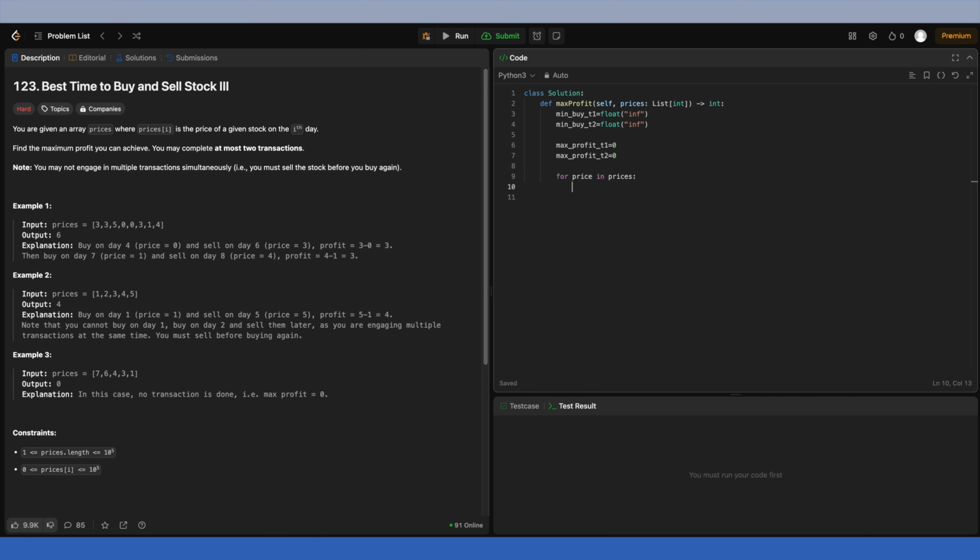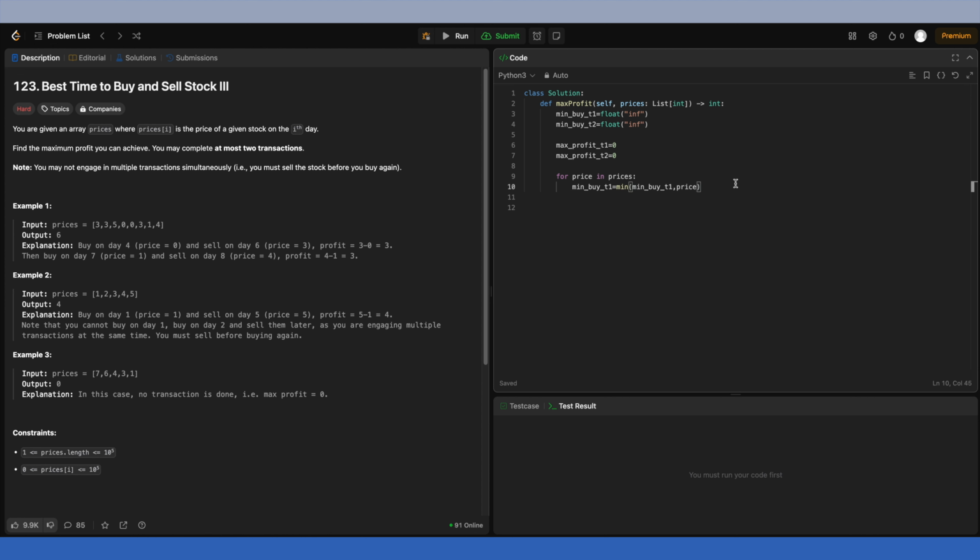Okay, and over here, like we did in part 1 of this problem, the best time to buy and sell stock 1, we'll calculate the minimum price. So minimum buy T1 is equal to the minimum of current minimum buy and the current day price.